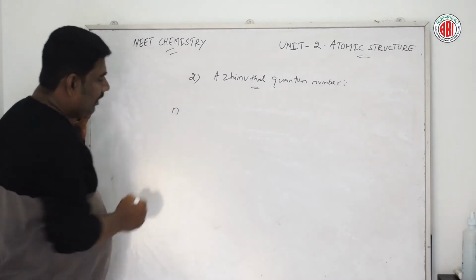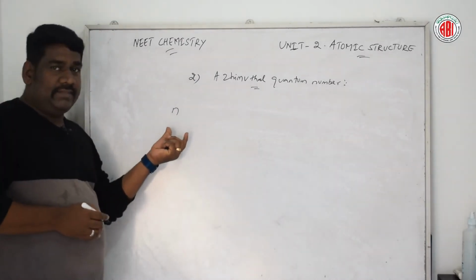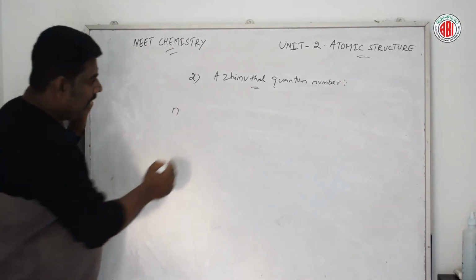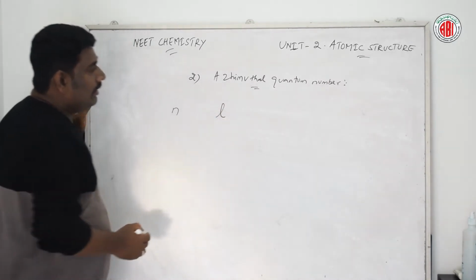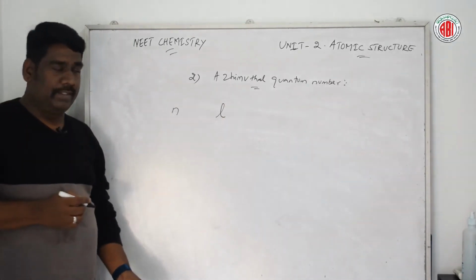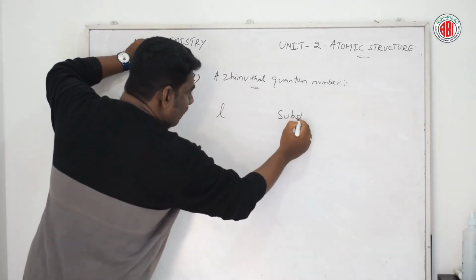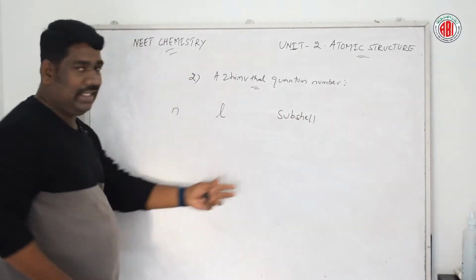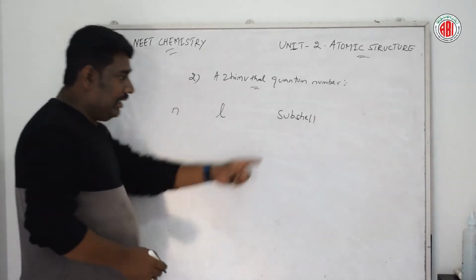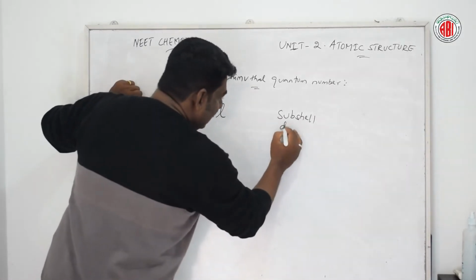Small n stands for the principal quantum number, and the small letter l stands for the azimuthal quantum number. Now let us discuss how many subshells are present in each level, and the subshell designation as well.